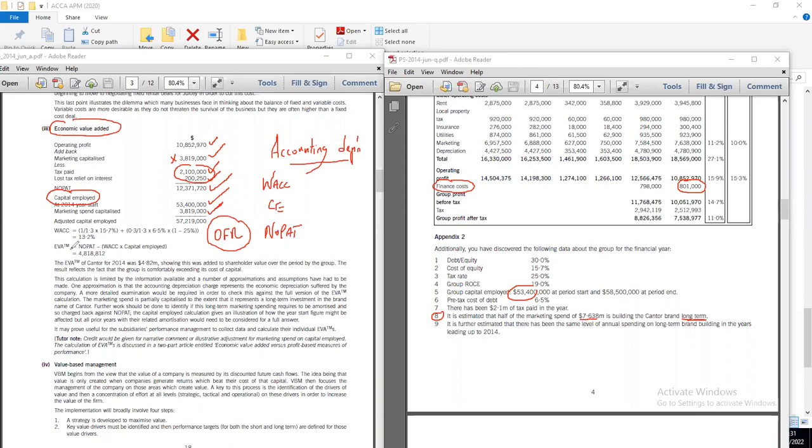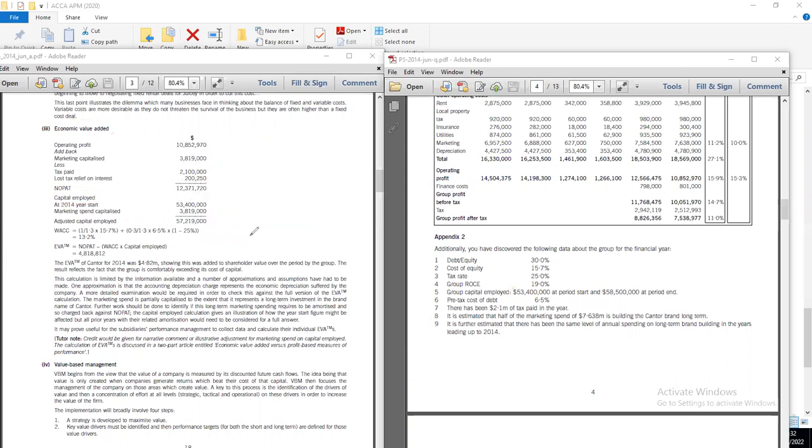There's a number of areas where on-figure rule would work. For instance, let us assume in your computation, you've made a mistake on NOPAT. So NOPAT figure is not right.